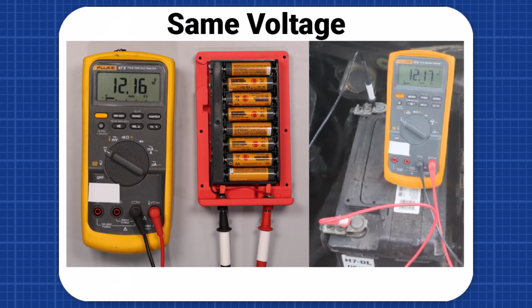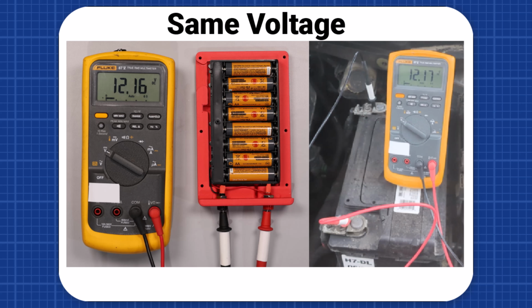Before we wrap up, it's important to distinguish between voltage and capacity. While voltage represents the ability to push electrons through a circuit, capacity relates to how long the battery can maintain that voltage over time.